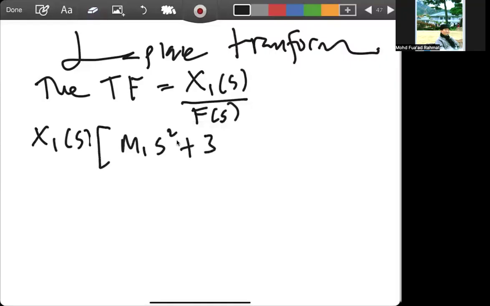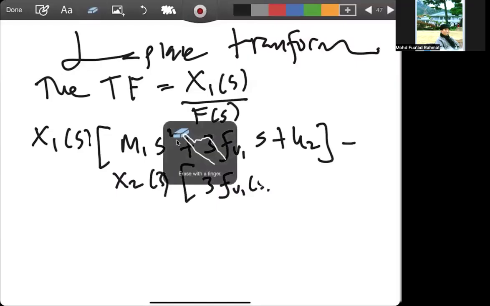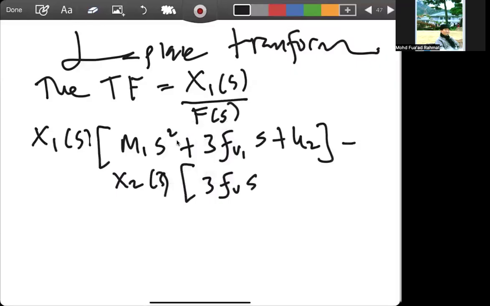Plus 3, plus K2, minus K2, equal to 0. So FV1, FV2, and FV3 are the same, so we just use FV1 as the representative.